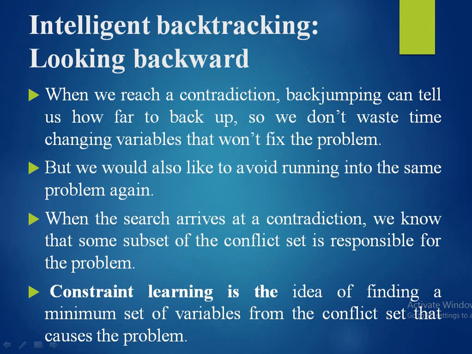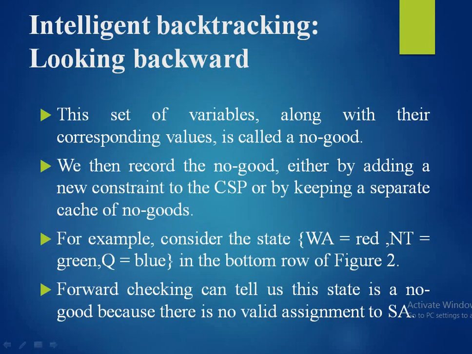But we would also like to avoid running into the same problem again. When the search arrives at a contradiction, we know that some subset of the conflict set is responsible for the problem. Constraint learning is the idea of finding the minimum set of variables from the conflict set that causes the problem.